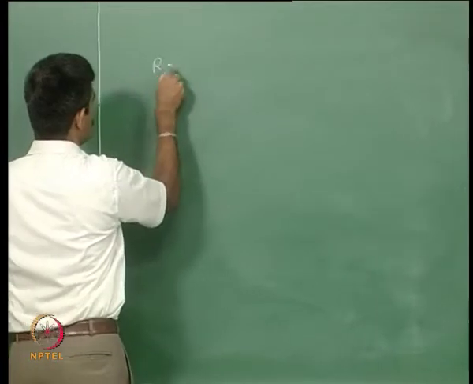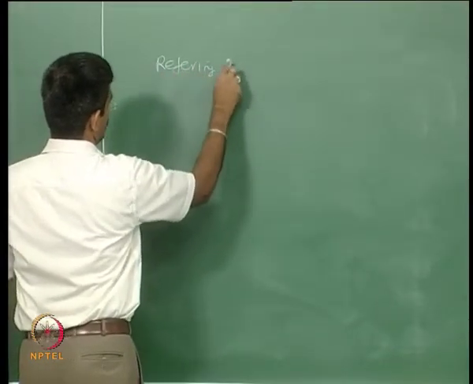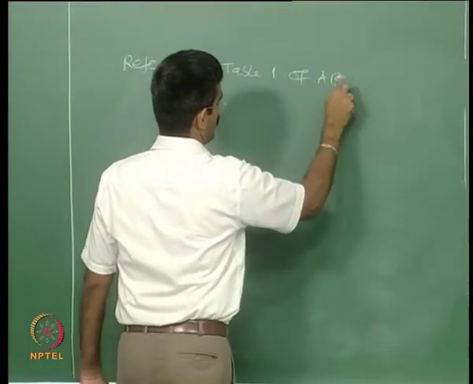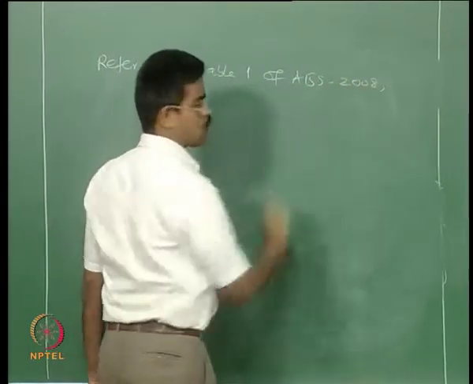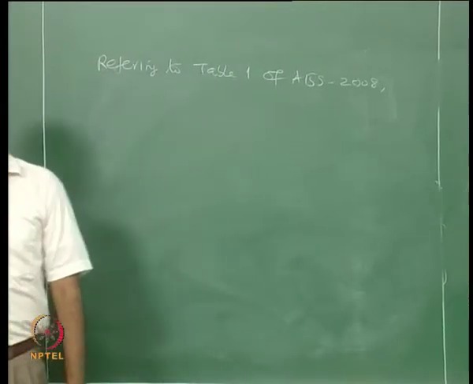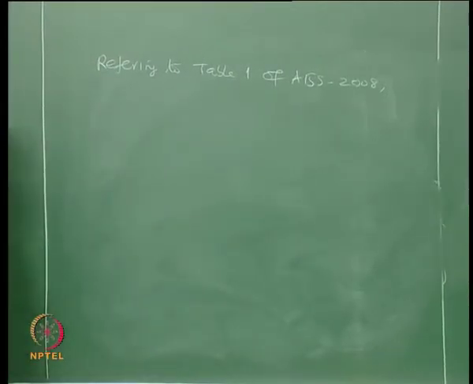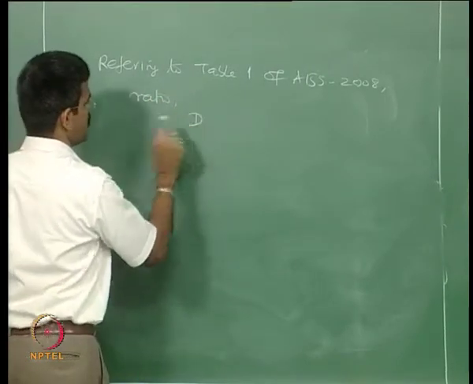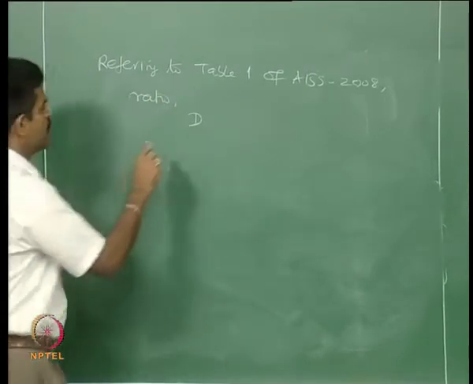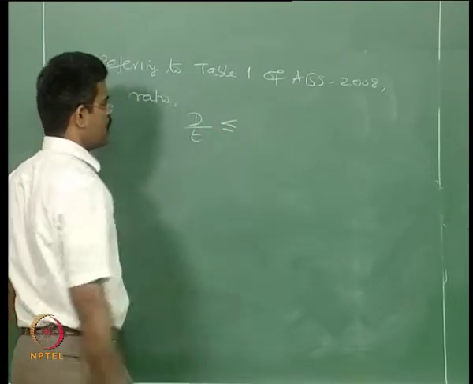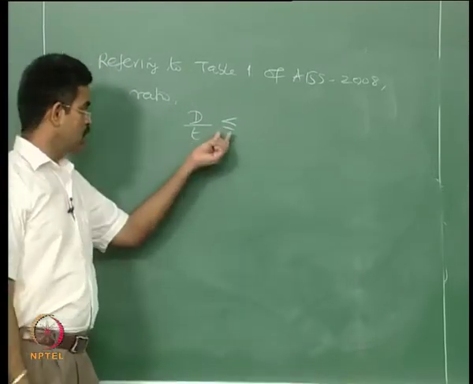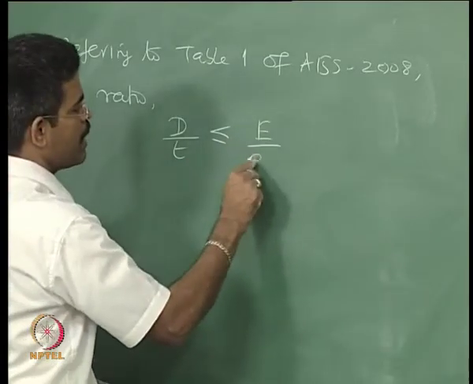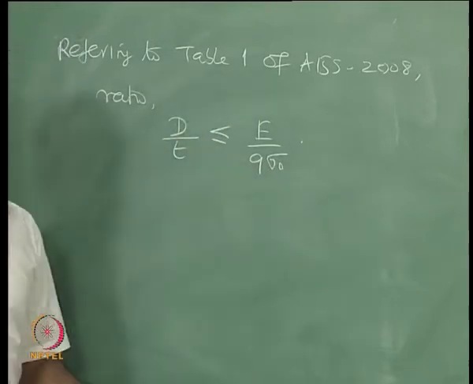So referring to table 1 of ABS 2008, we should calculate a ratio d by t to check whether this is less than or equal to E by 9 sigma naught.